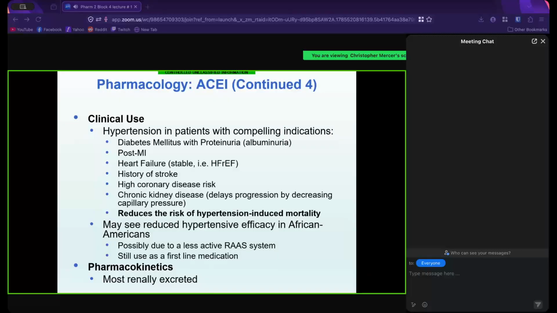So I mentioned it earlier when we talked about clinical use, those compelling indications. Make sure you understand that in a lot of cases, for medications with those compelling indications, we've said caution, don't use it, can make worse. For ACEs, for post-MI patients, diabetes with proteinuria, heart failure, history of a stroke, coronary artery disease, or chronic kidney disease, use it.